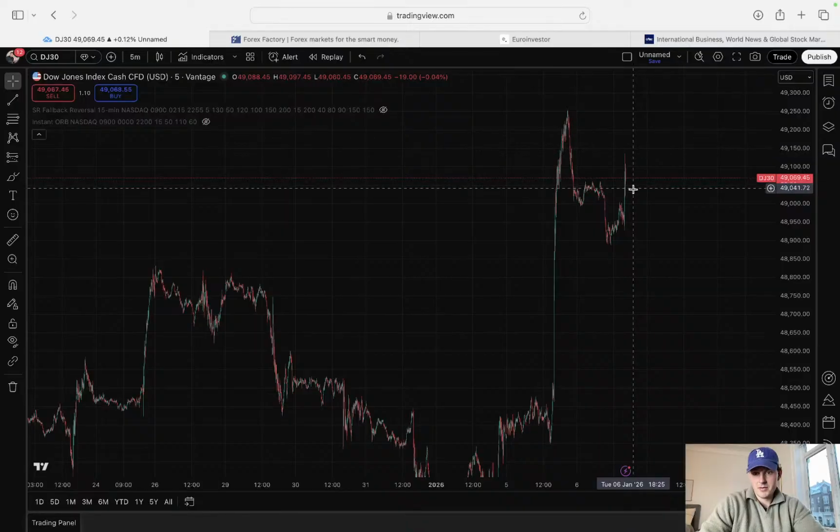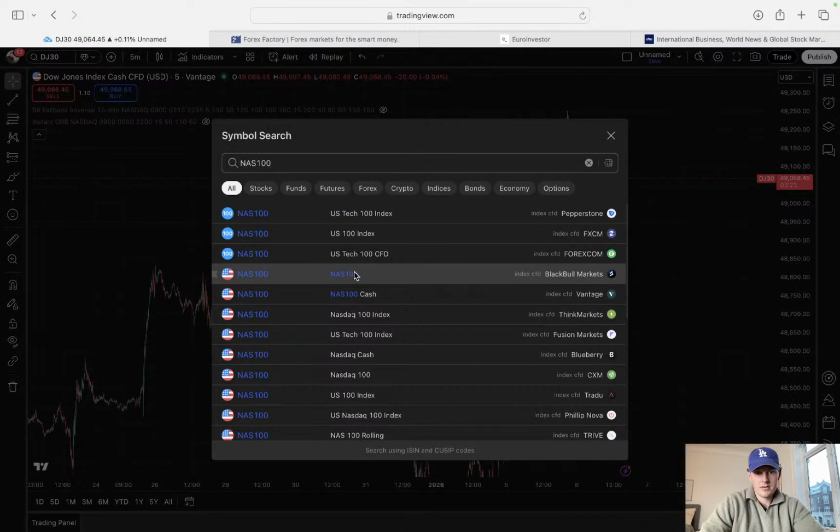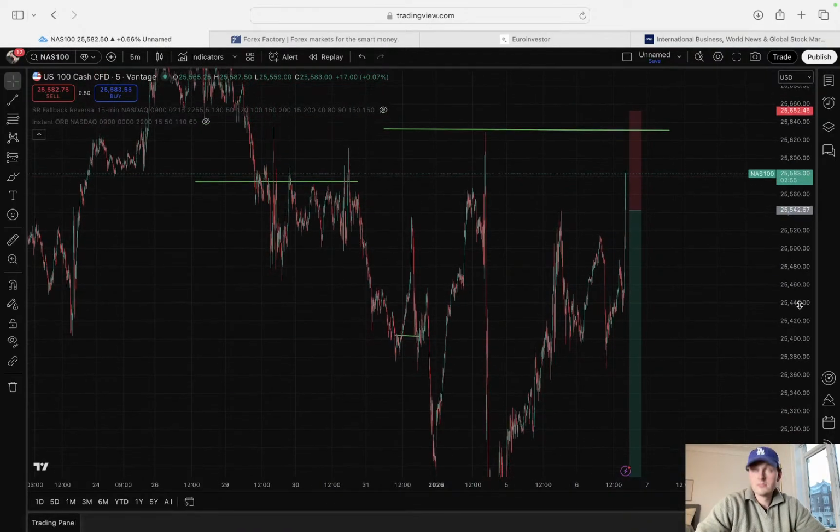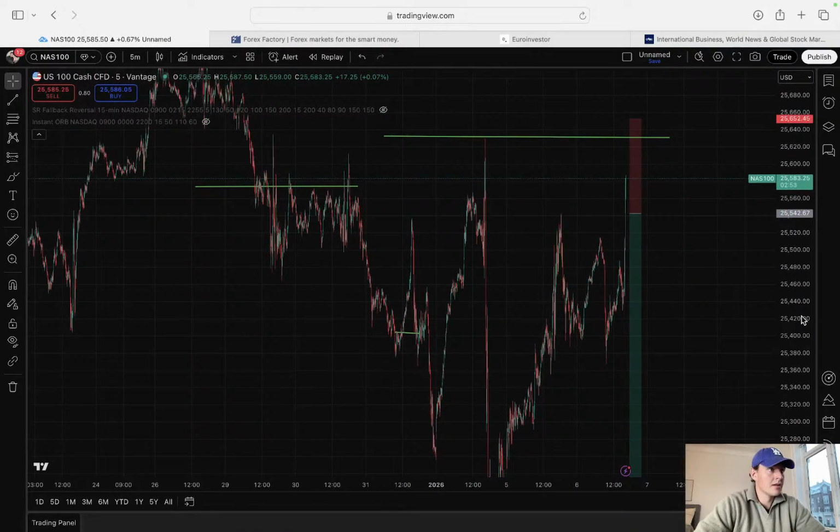So this is what we see a little bit on DJ after a big push. It's not really doing anything. You don't have much momentum, while Nasdaq is just going up. Strong trend.